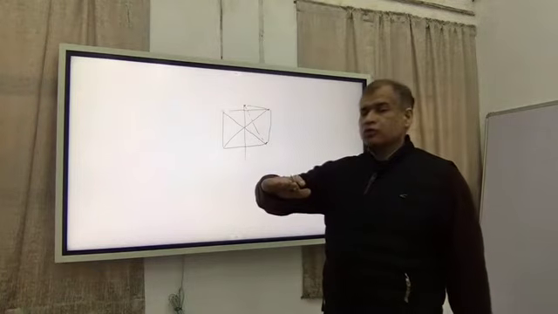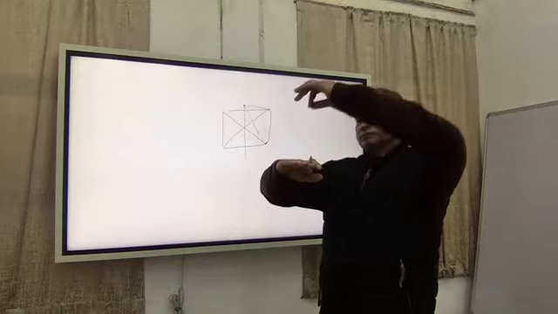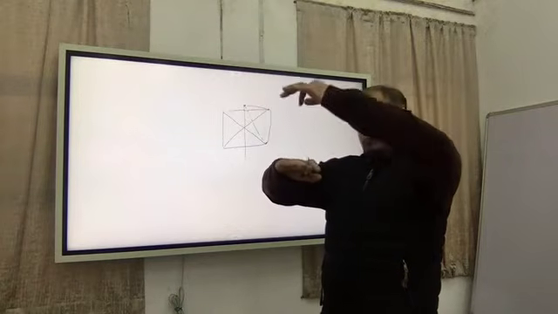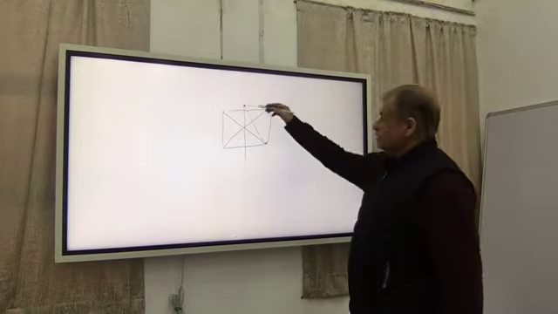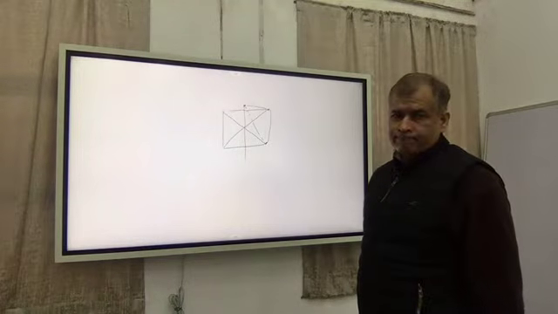This is the plane square, one point is here. So from here you join by imaginary lines these 2 points, then it will make an equilateral triangle.